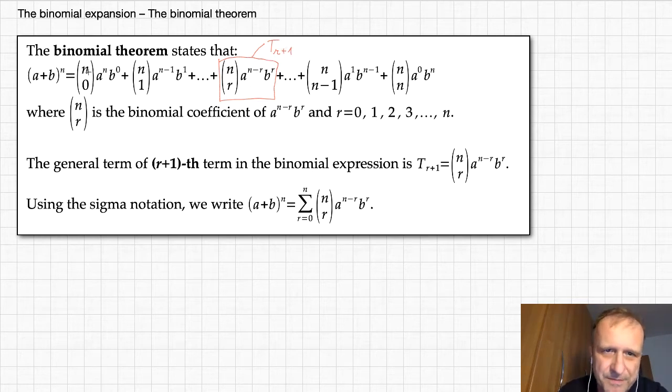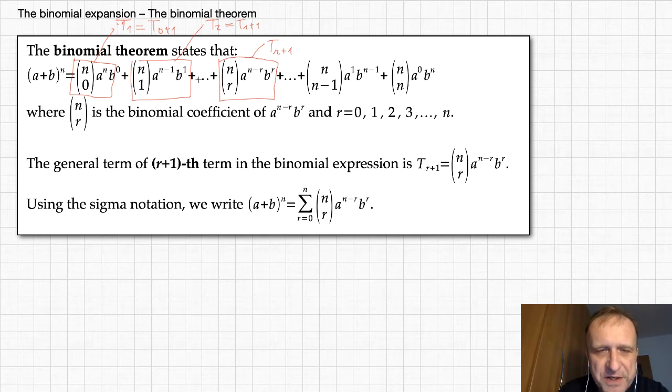Why? Its name, or its number, depends on this number here, on r. It's the r plus 1th term. For example, if we take this to be the first term, T1, which can be written as T0 plus 1, this can be taken as the second term, T2, which can be written as T1 plus 1, so this number 1 is this 1, this 0 is this 0.